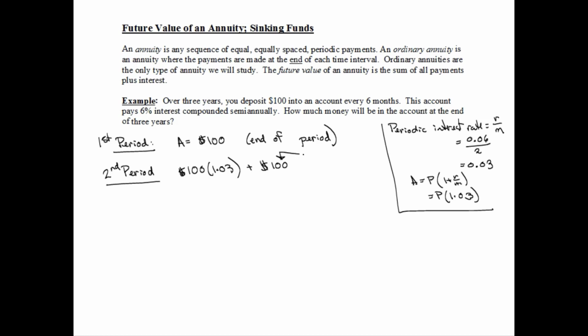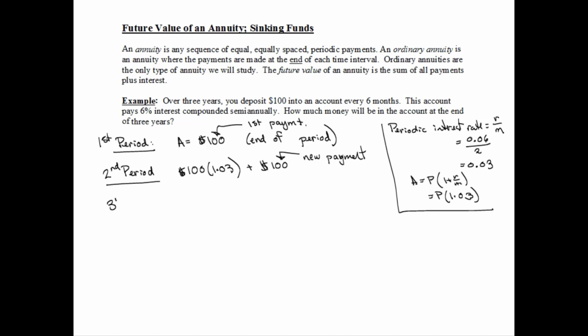This is the new payment. Okay, and remember this $100 was the first payment, which occurred at the end of the first compounding period.